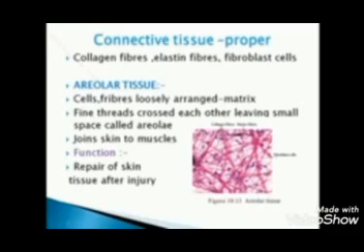It takes the form of fine threads crossing each other in every direction, leaving small spaces called areolae. It joins skin to muscles, fills spaces inside the organs, and is found around the muscles, blood vessels, and nerves. Now the functions of the areolar tissue: it repairs tissues after injury and fixes skin to the underlying muscles.